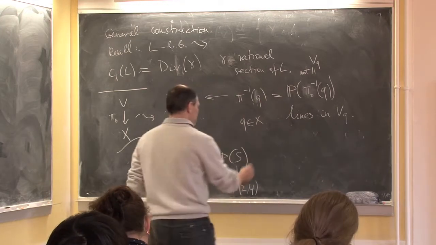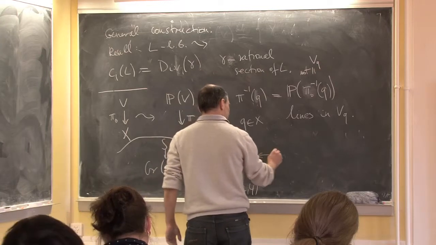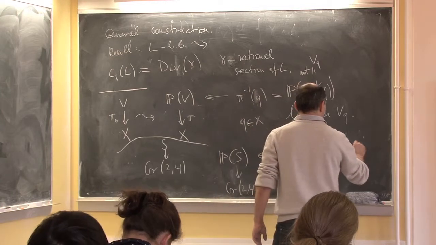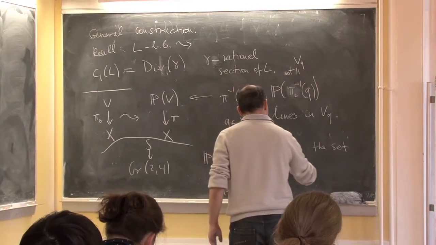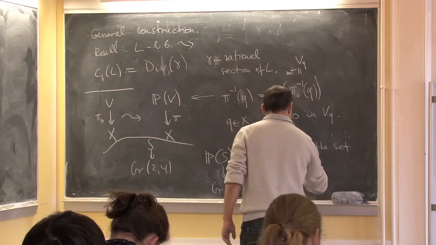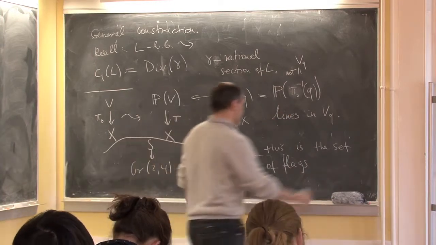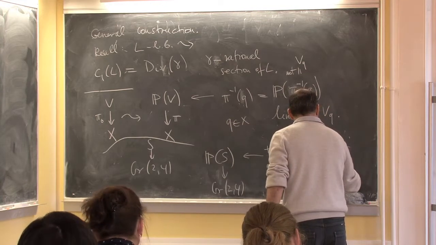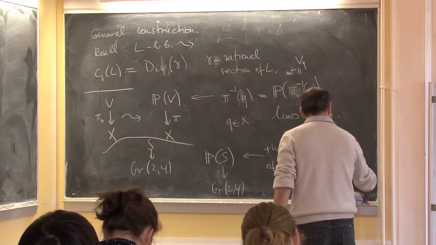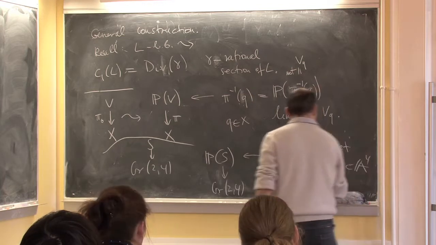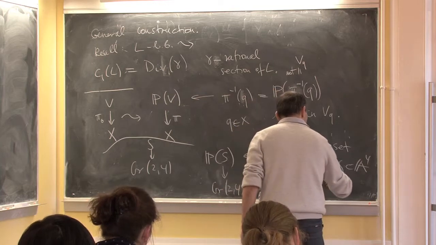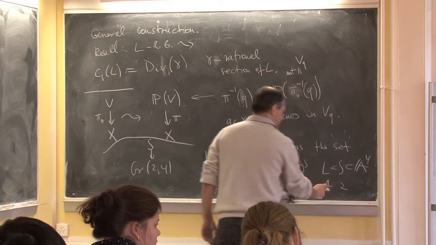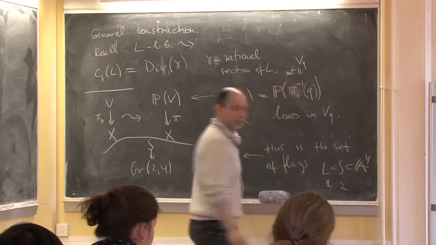So actually what this space will be then is the set of what are called partial flags. So I have this L, S, and then I have A^4 here, right? So this is one-dimensional, and this is, well, the notation is a bit poor, but anyway, this is 2, so this is rank 1, rank 2, and then 4.